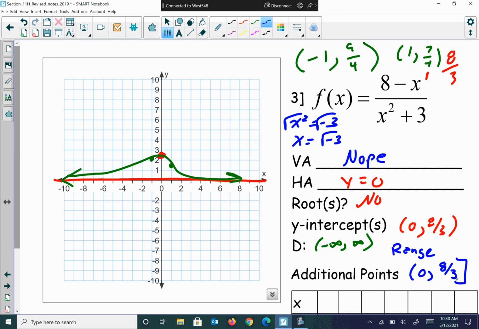Why is this a square bracket? Because I include that point, that y-intercept. That happens to be our maximum. This is a soft bracket because it's approaching an asymptote. So that's what my range is.